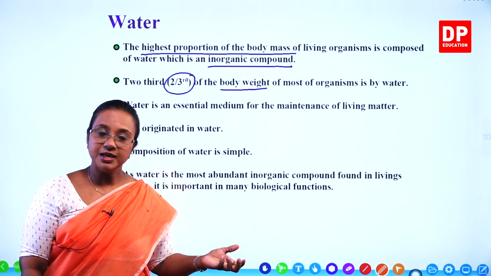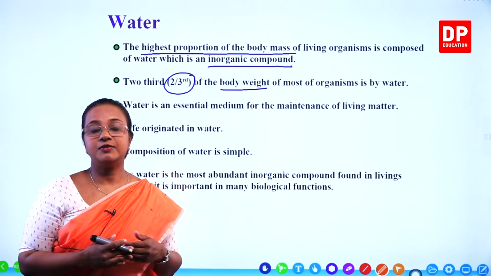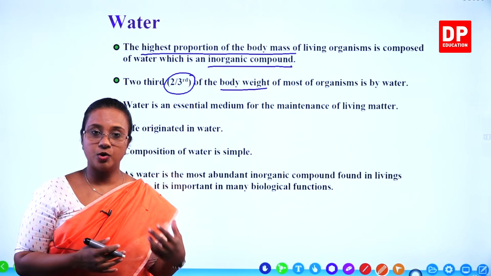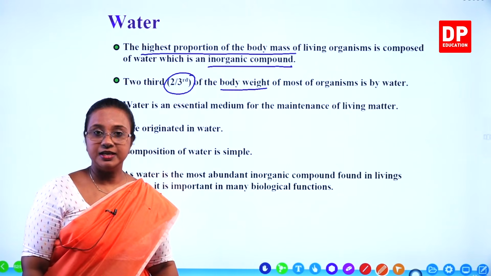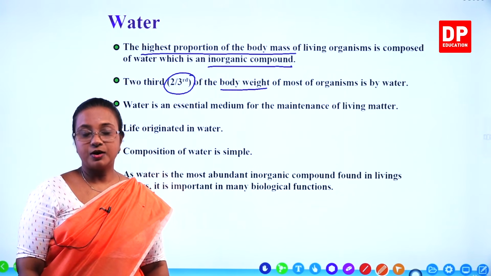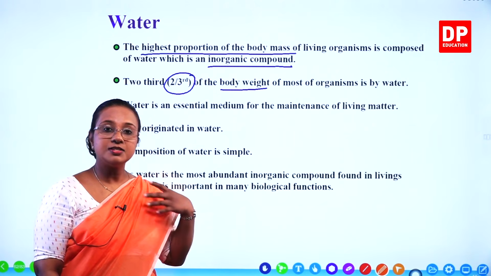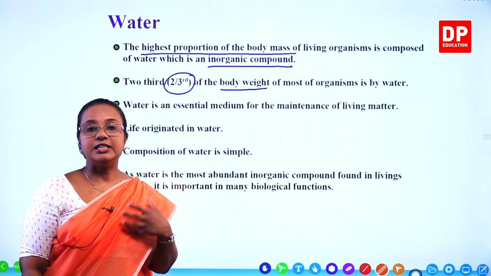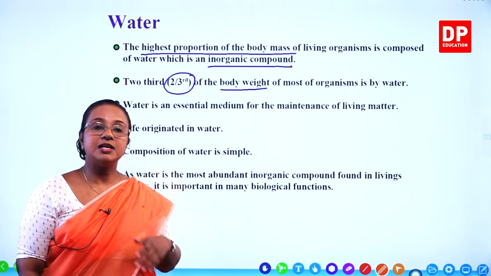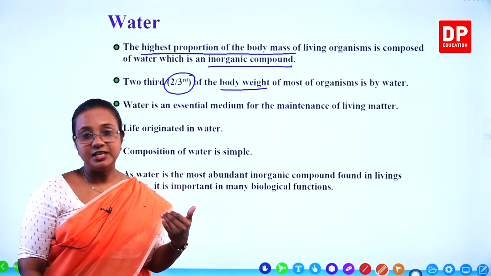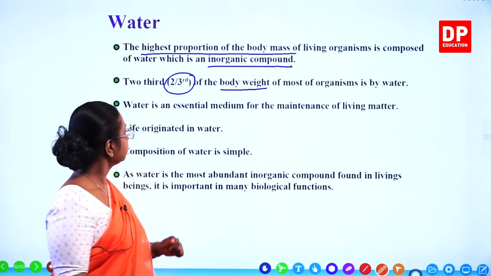So the main component of living organisms' body is water, and out of the body's weight, 2/3 of it is the compound water. The rest of the body weight is only the other components. So that means water is present throughout the body of the living organism.